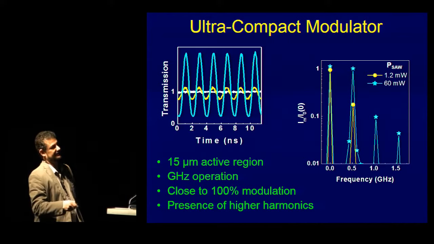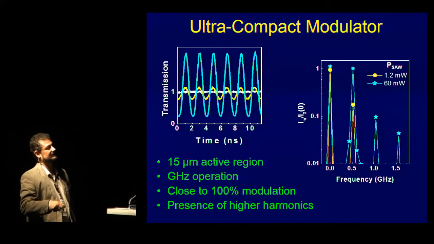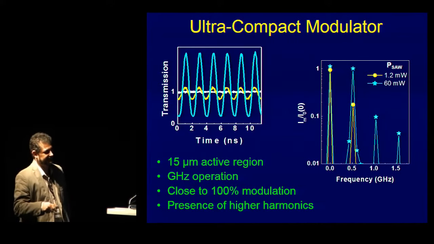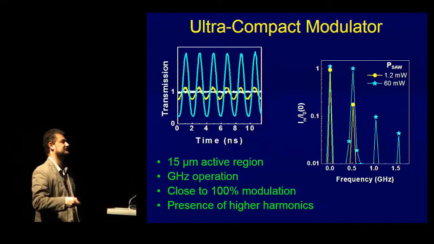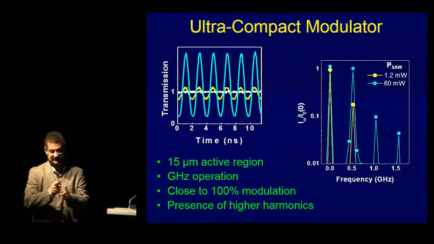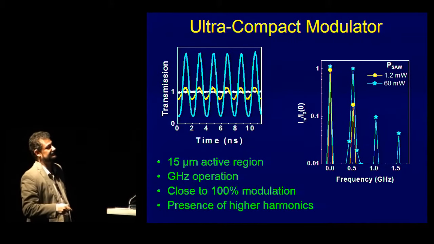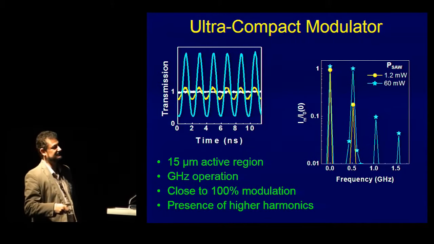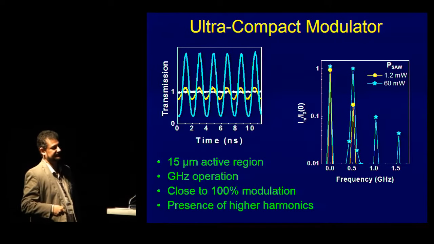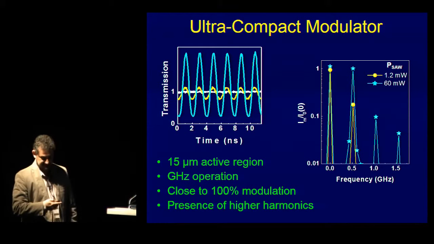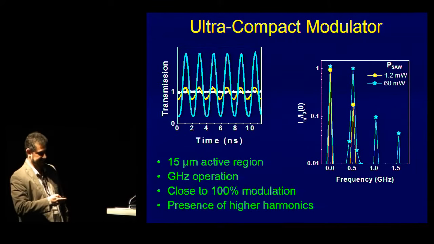This is because we have higher harmonics coming in. But basically, it's a relatively short active region, on the order of 15 microns. That is the aperture of the acoustic transducer, with modulation close to 100% and gigahertz operation. So it's a nice compromise, and this is probably why it was the cover of Applied Physics Letters at the time.